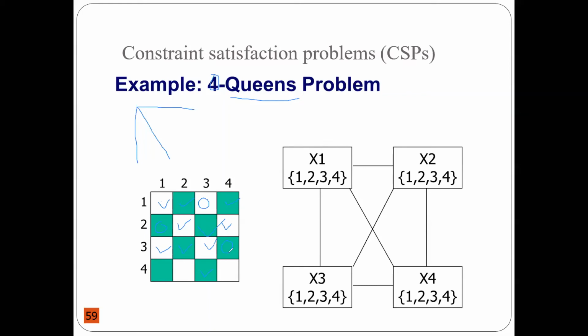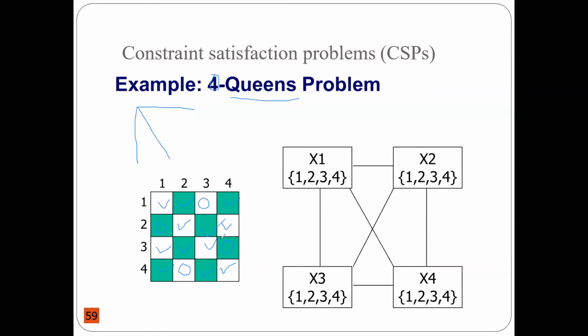While placing the queen here, we cannot place the queen there, so in the next row we can place the queen at this location. In this way we can solve the n-queens problem. There can be many possibilities to solve this problem.